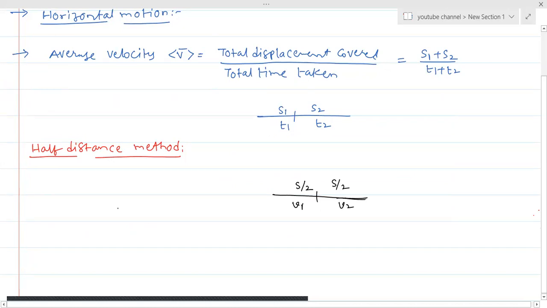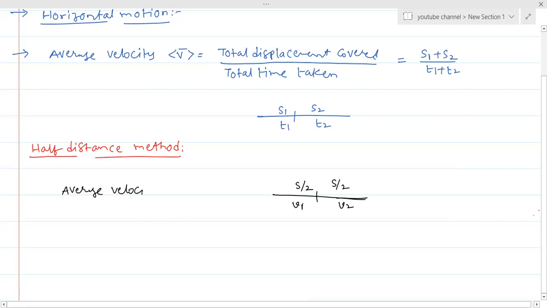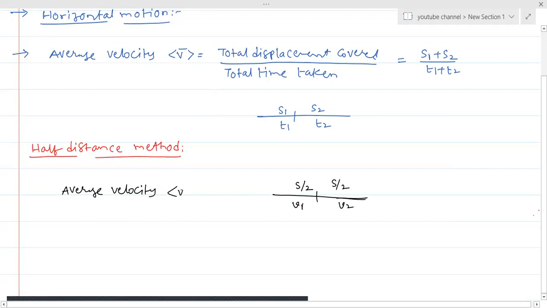Then in that case, we will write average velocity v bar equivalent to total distance covered, s by 2 plus s by 2, by time, and time means distance by speed. So s by 2 by v1 plus s by 2 by v2.